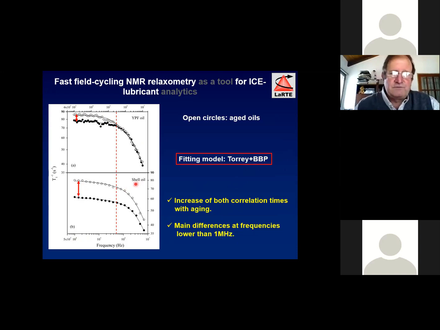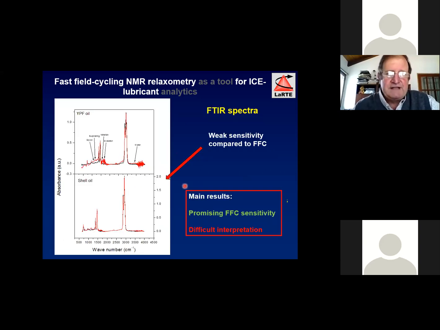Look at what we have with this oil here, for example, and what we have in the infrared spectroscopy, the sensitivity is very weak. Of course, we can recognize that here we have maybe some sulfation problem, we have oxidation and so on. This is the main advantage of spectroscopy. You immediately can know what is going on and what is responsible.